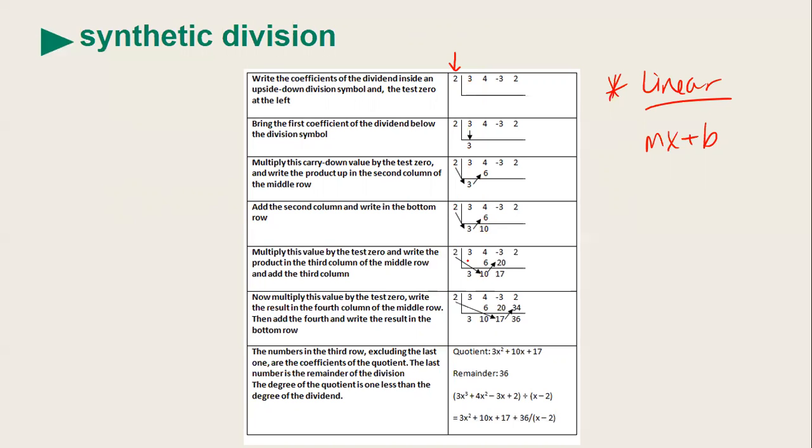Then we repeat again. 2 times 10 is 20. Negative 3 plus 20 is 17. 17 times 2 is 34. 2 plus 34 is 36. The last number is your remainder. So therefore my quotient would be 3x squared plus 2x plus 17 with a remainder of 36.